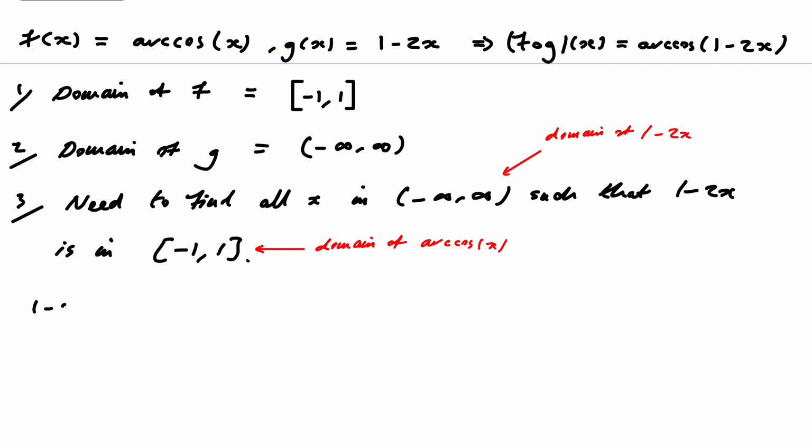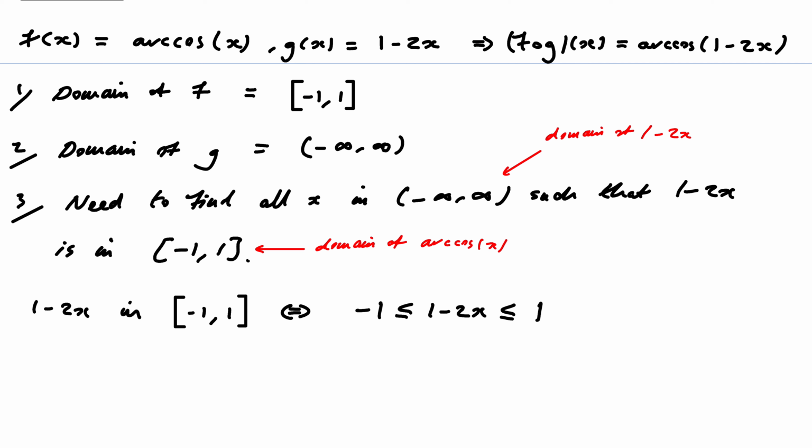So 1 minus 2x in this closed interval from minus 1 to 1, I'll write it nice and neatly this time. Well, that's if and only if minus 1 is less than or equal to 1 minus 2x is less than or equal to 1.